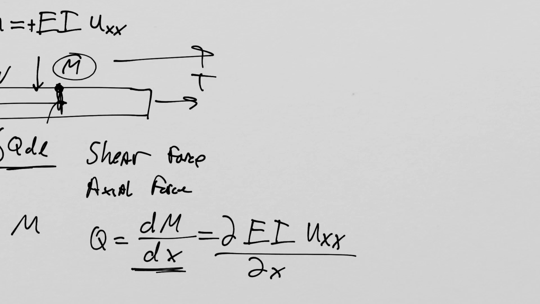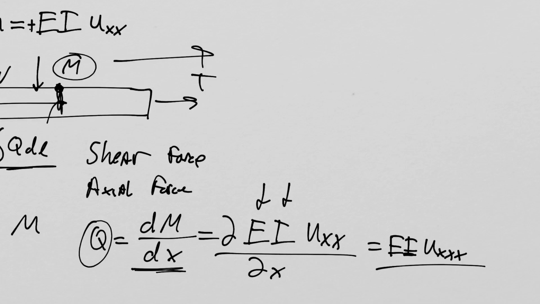If E is constant and I is constant, this is going to be related to EI times the third derivative of our formula. So now for shear forces, we are connecting those to a third derivative.